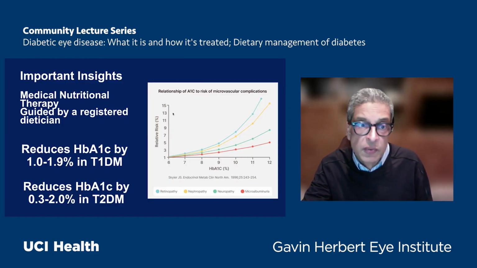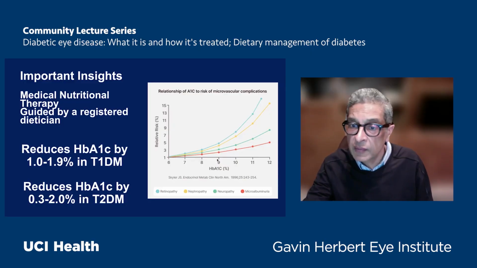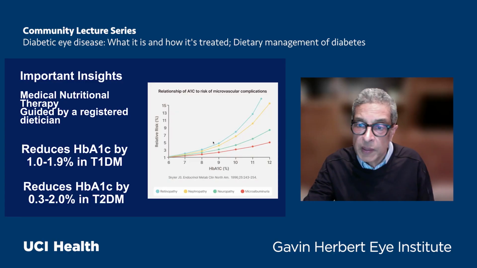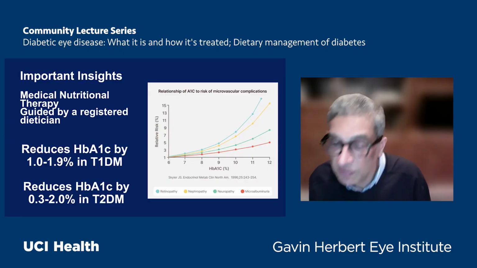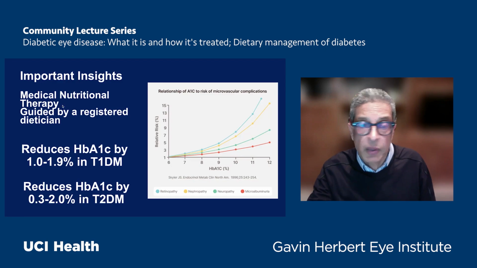And just with nutritional therapy, you can bring it down by about 2 points to 9, and then you're below 5%. So you can halve your risk. Or if you have a hemoglobin A1C of 9, your risk is maybe 5 to 6%. And if you bring it down to 7, it's below 3% or nearly 2%. So significant changes can be brought about by medical nutritional therapy.